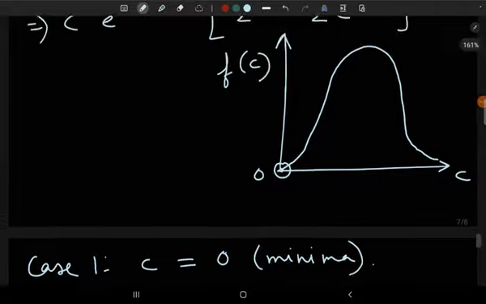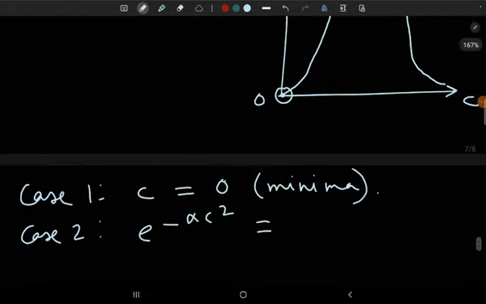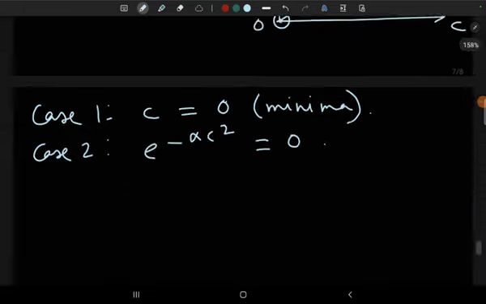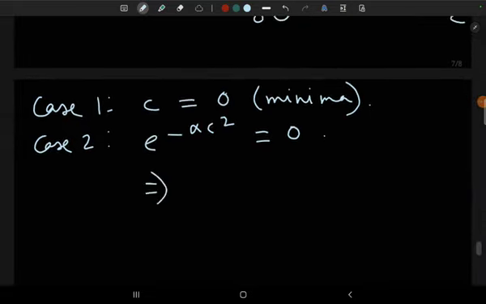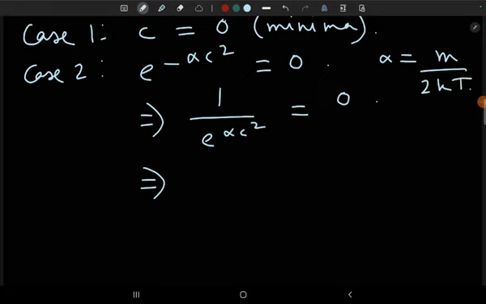Okay, what is the second situation? The second situation is e^(-αc²) equal to 0, and this is only possible when 1 by e^(αc²) is equal to 0. Alpha is a constant quantity dependent only on temperature, alpha was m by 2kT, only dependent on the temperature and nature of the gas, so that cannot be 0.